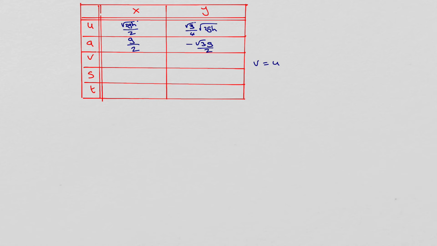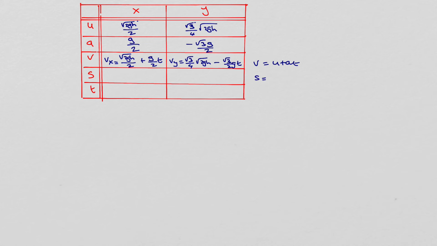So therefore v is going to be u plus at. So in the x direction, that's going to be the square root of 2gh over 2 plus g over 2 t. And in the y direction, that's going to be root 3 over 4 square root of 2gh minus root 3 over 2 gt.